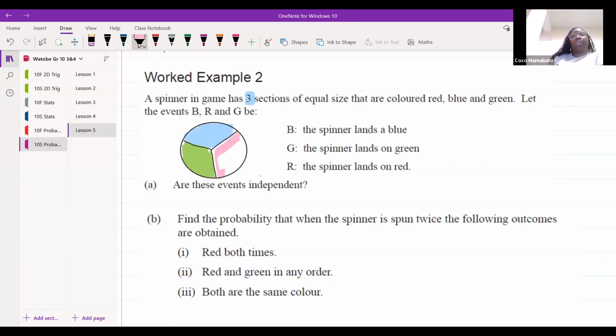Okay, and the red section, there we go. So the probability of all of these will then be named as B, G, and R. Okay, now question number 1. Are these events independent? Yes or no?